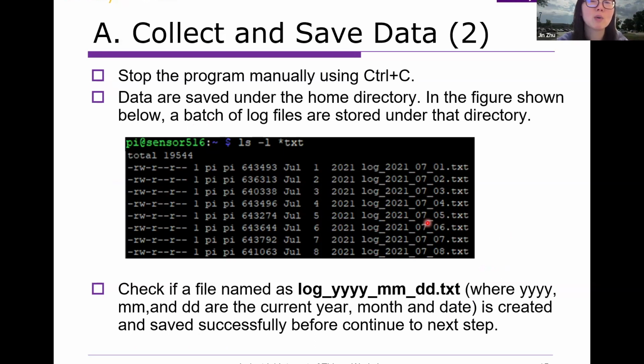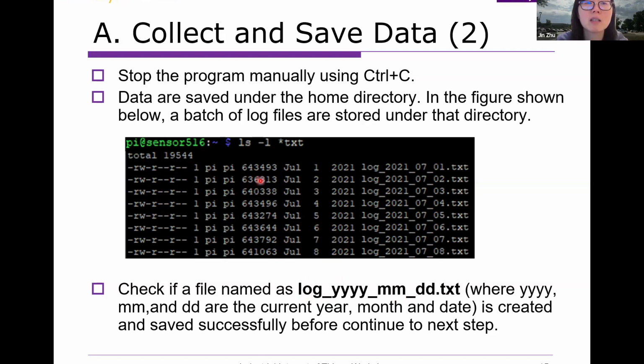The log file is created under this name: log, then year, month, and date. For example, today it will be log 2024 03 05 .txt. If you see the file, it shouldn't be empty.